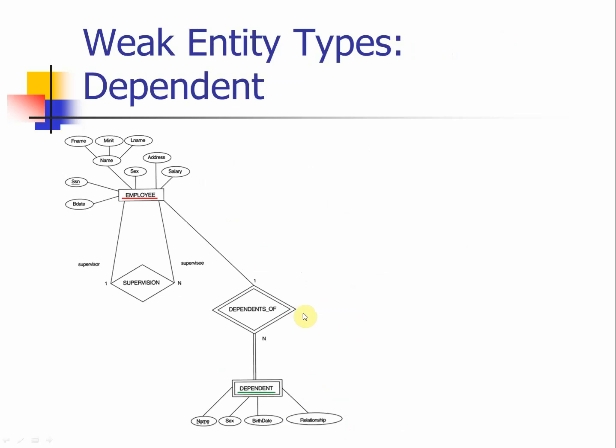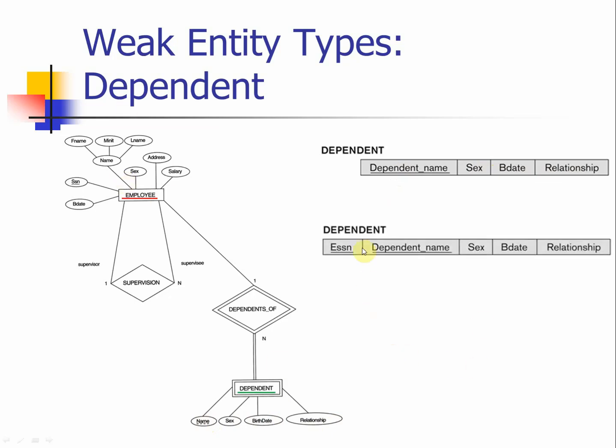So step number 1. Create a relation called dependent, and then pick up all of the attributes that we can pick up. So we will be able to pick up dependent name. We can pick up sex, birthday, relationship, corresponding to those 4 attributes. Now we need to form the link between dependent and the employee. So what we need to do is pick up the employee, the belonging entity's primary key.